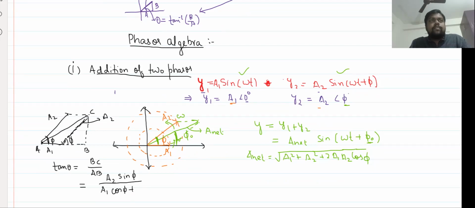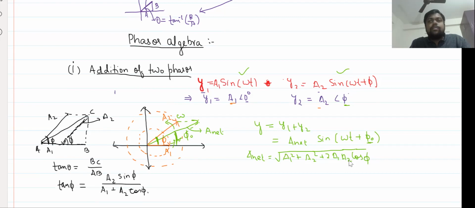Not A1 cos phi, just A1. A1 will be only A1, plus this length, which is A2 cos phi. So this theta you can find like that, tan theta.